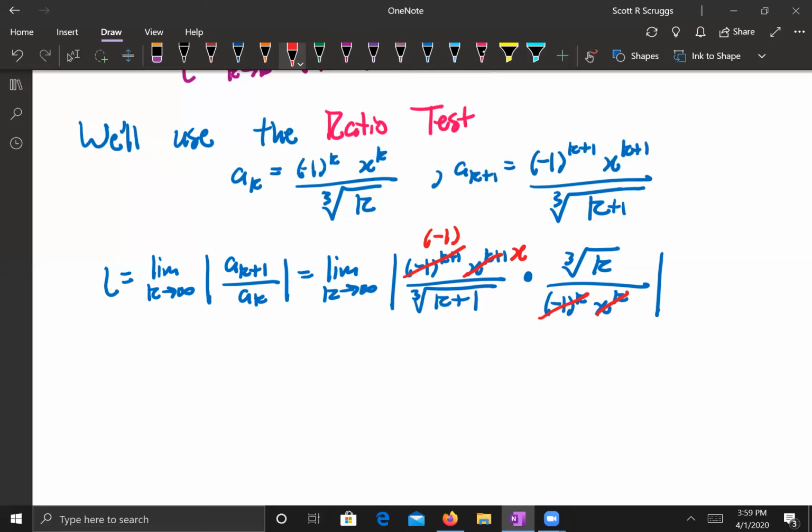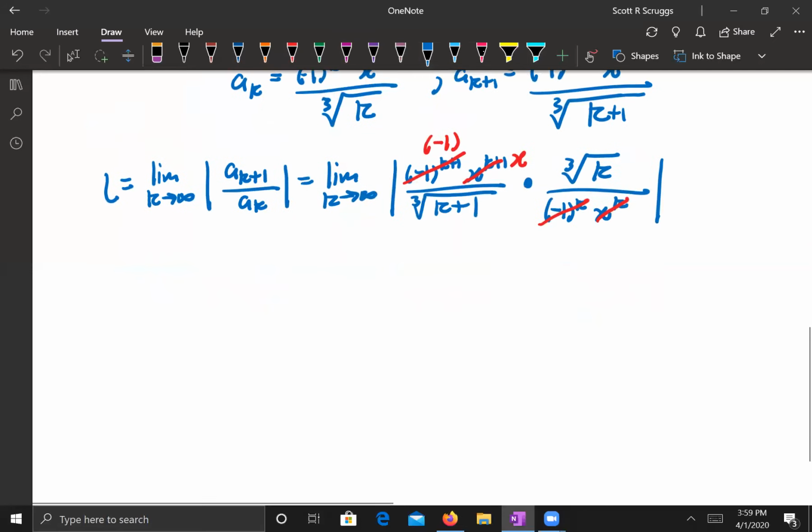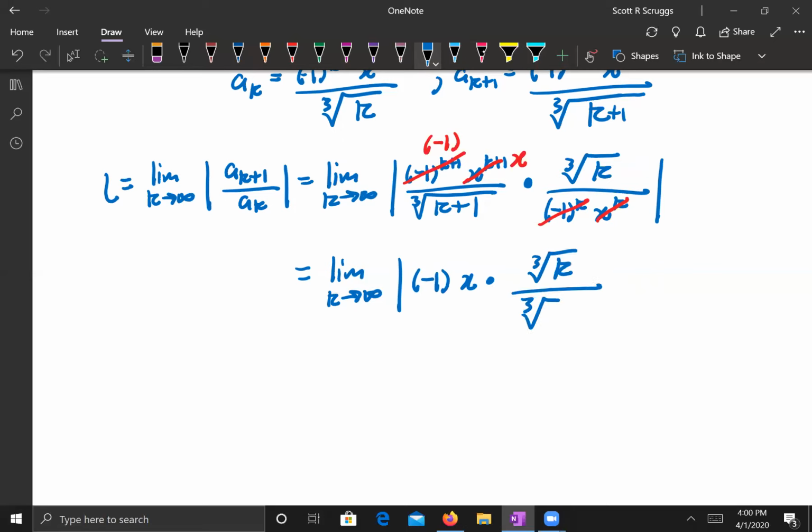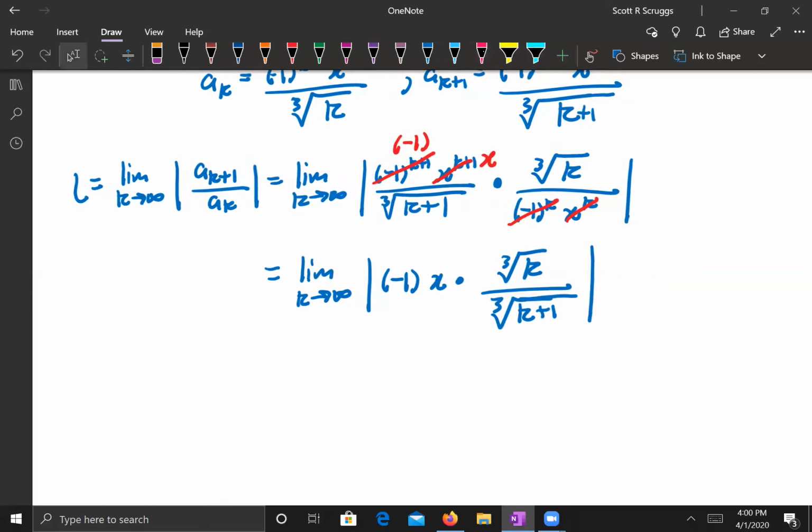And so my next step after that, I'm going to isolate the x away from everything else. So -1 times x times the cube root of k divided by the cube root of k plus 1, in the absolute value. Once I get to this step, I'm going to invoke a property of absolute values.